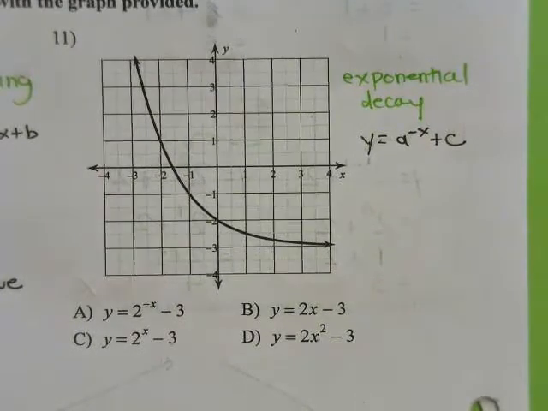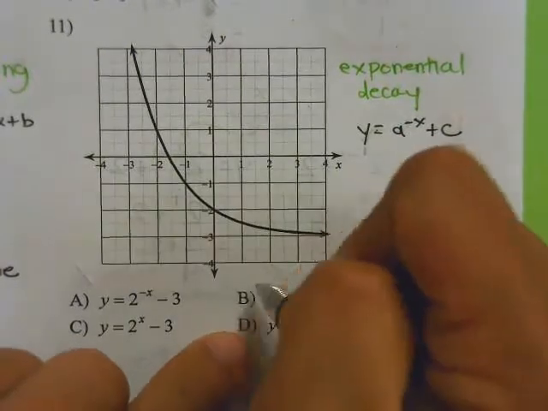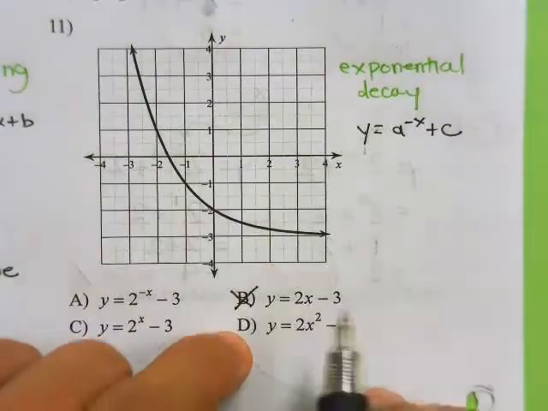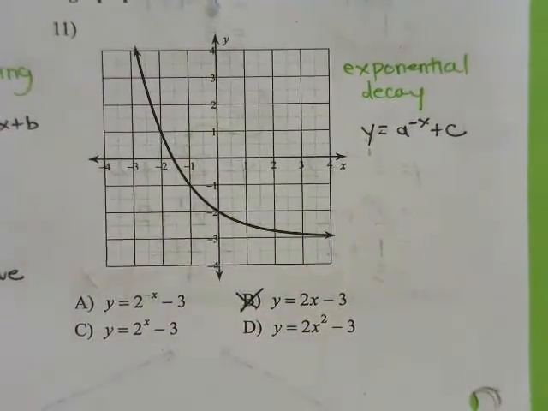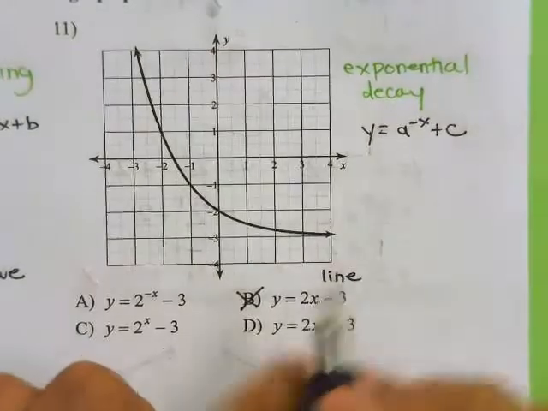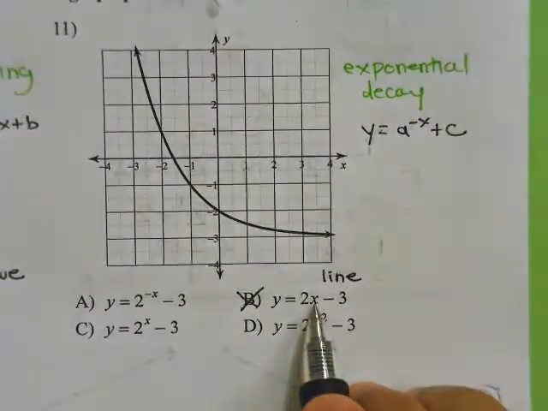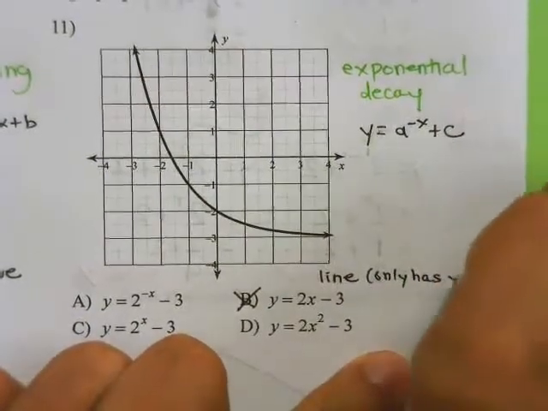Okay, I'm going to start with B first. And then I'm actually going to X that one out. That's not going to be it. Because if you take a look at this structure, what kind of equation is this? This is a line. How can you tell? It only has an x.